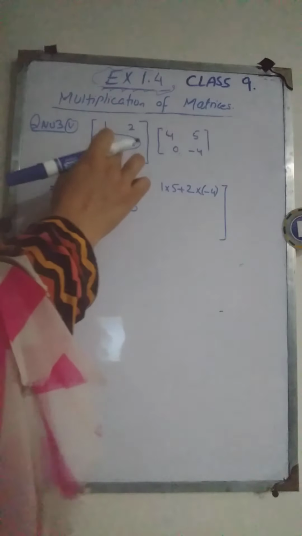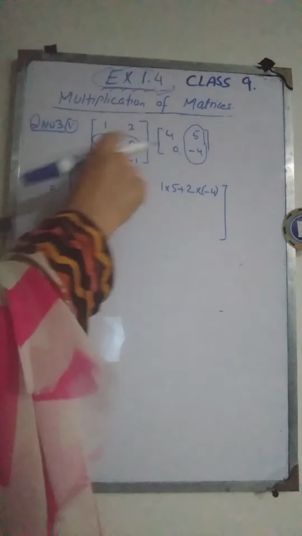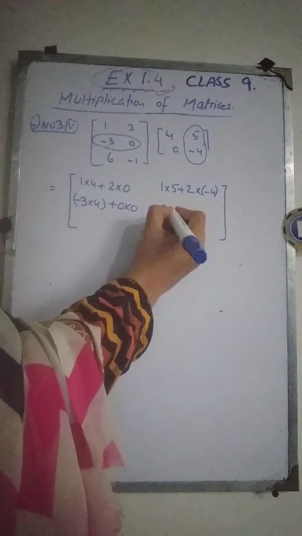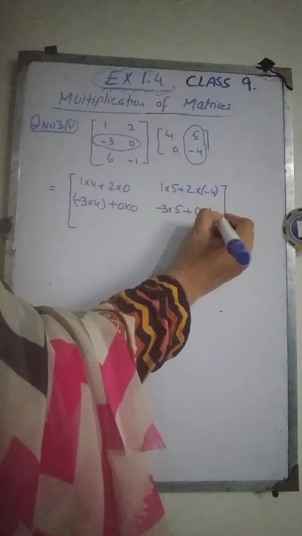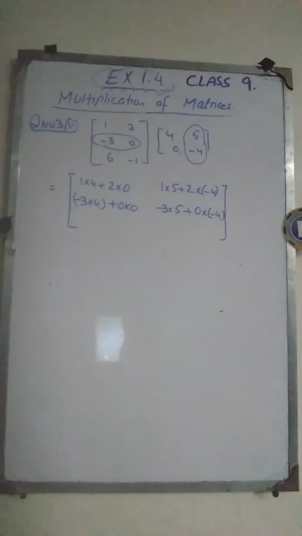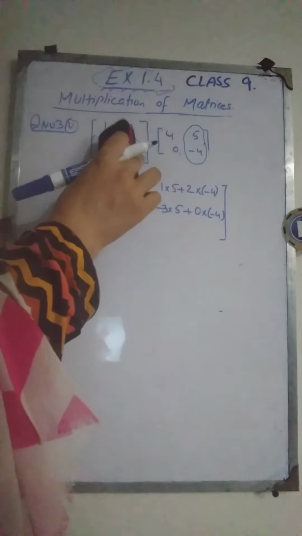Now we have multiplied the second row with the first column. Now we multiply the second row with the second column. Negative 3 into 5 plus 0 into negative 4. Similarly, as there are no more columns, the multiplication of the second row is complete.